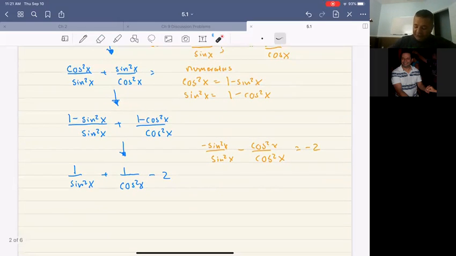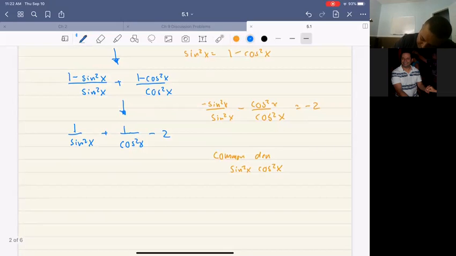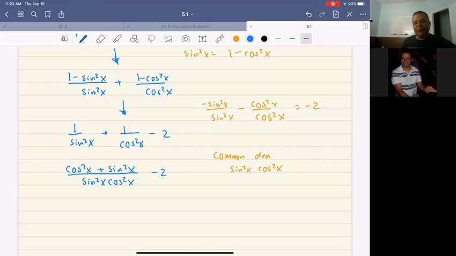Okay, so now let's put these over a common denominator. The common denominator here is going to be sine squared of x cosine squared of x. So that's going to be cosine squared of x plus sine squared of x over sine squared of x cosine squared of x, minus 2.